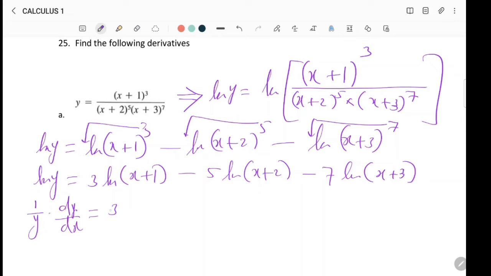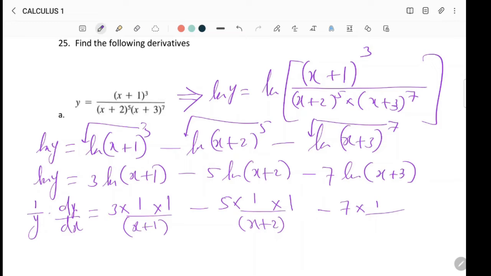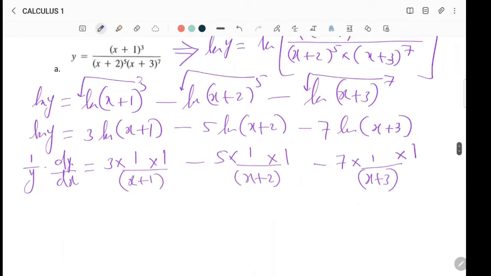Now we will differentiate. 1 over y dy by dx equals 3 times 1 over x plus 1 and x plus 1 differentiation 1, minus 5 times 1 over x plus 2 and x plus 2 differentiation 1, minus 7 times 1 over x plus 3, x plus 3 differentiation 1.